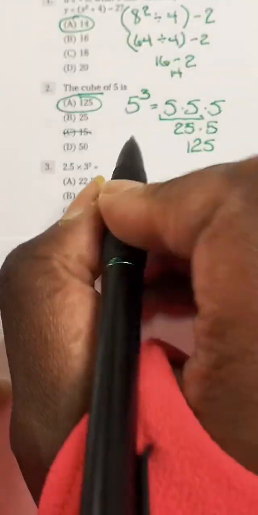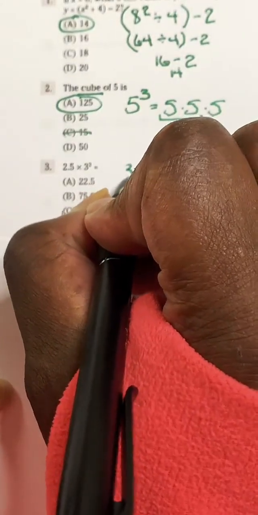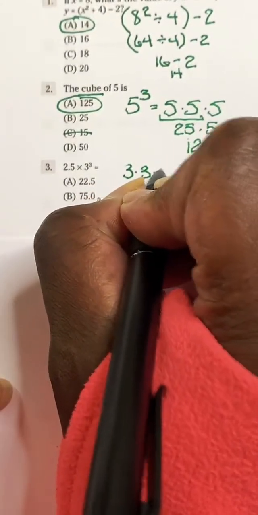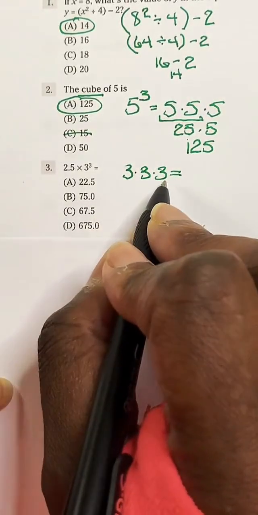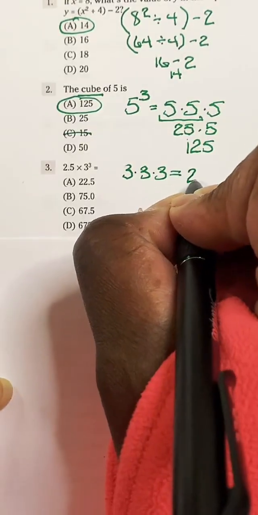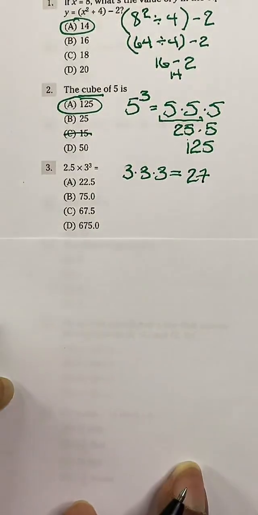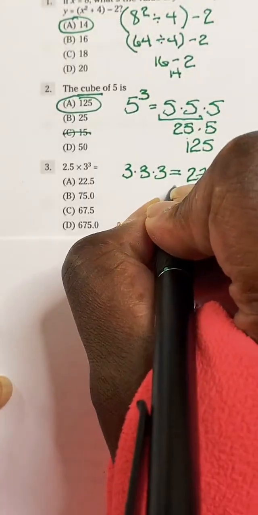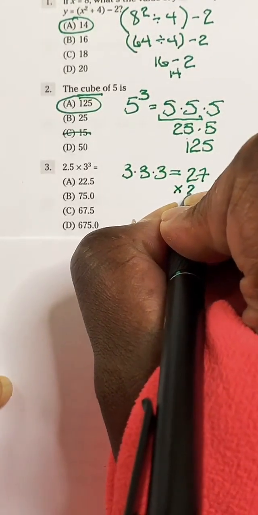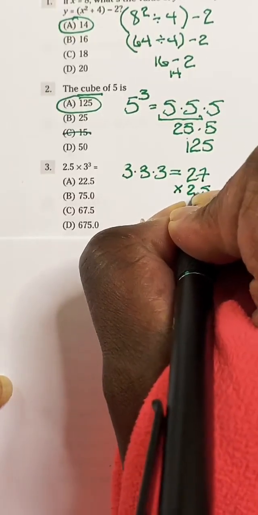The same thing is happening with our 3's. So we have 3 times 3 times 3. 3 times 3 gives me 9. 9 times 3 gives me 27. Now I need to take that answer, 27, and multiply it with my 2 and 5/10.